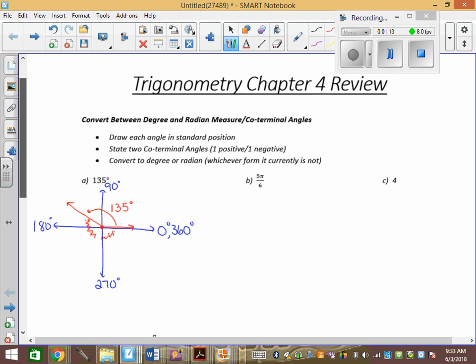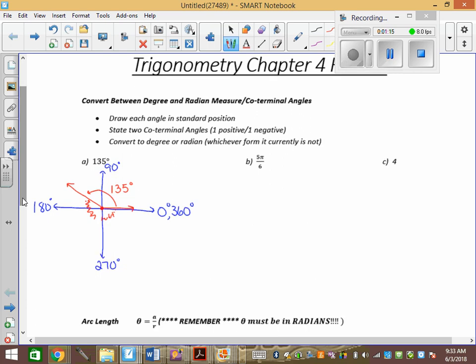Now to get coterminals, we want something that's going to land on the same arm. So remember, to get a coterminal, you're going to do 360 plus 135, and it's going to terminate on the same arm. Or you're going to do 360 minus 135, and they'll terminate on the same arm as well. So we're trying to find angles that are coterminal, so they terminate on the same arm.